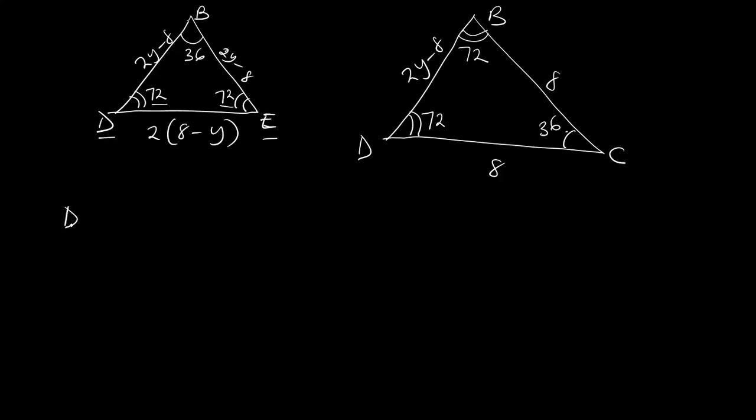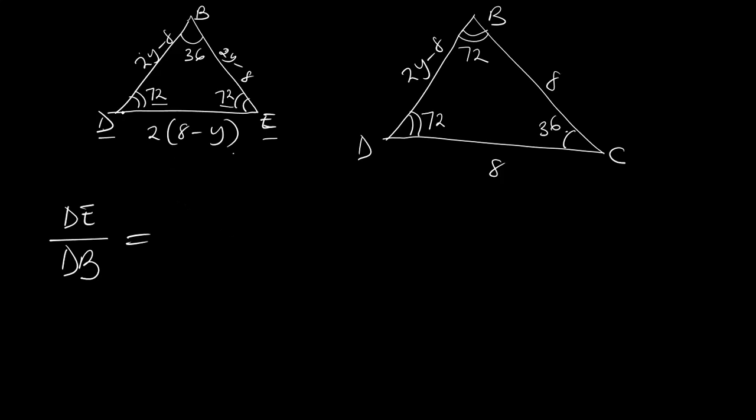So we'll now say DE, since these triangles are similar, you see the angles are the same, so they are similar. So DE divided by DB will be equal to the ratio between this and this.